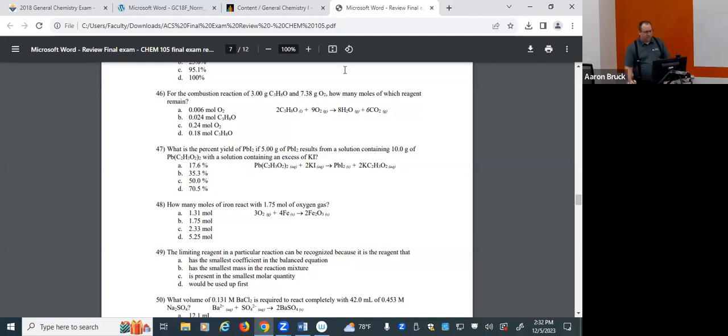So what we need to do is figure out how many moles of each of these things there are, and from there, we might be able to eliminate some options just based upon what the result is. So starting with our 3 grams of C3H8O.